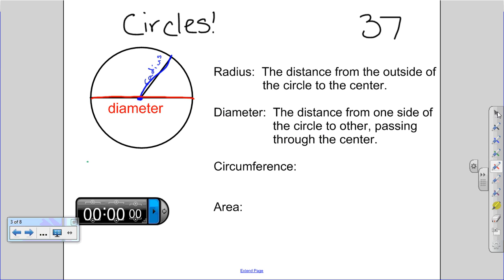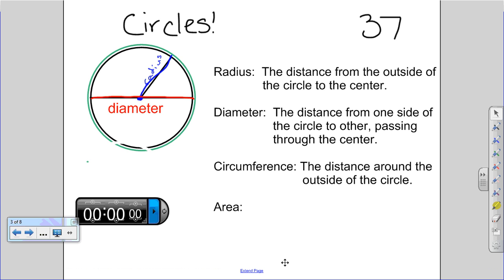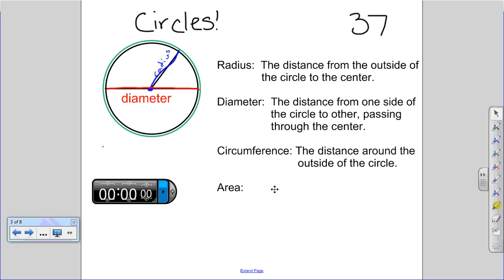Alright, next thing is the circumference of a circle. And circumference is what? Okay, good. Circumference is this distance around the outside. So all the way around the outside is the circumference.